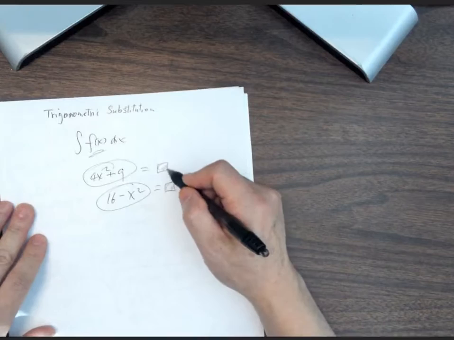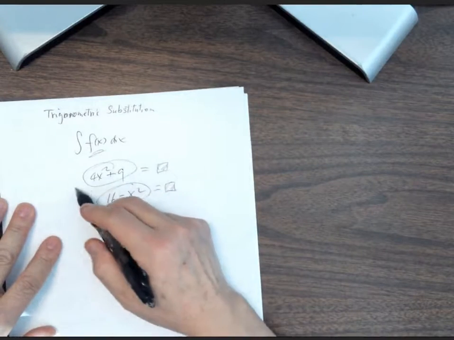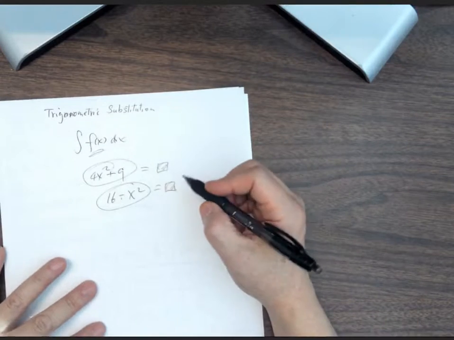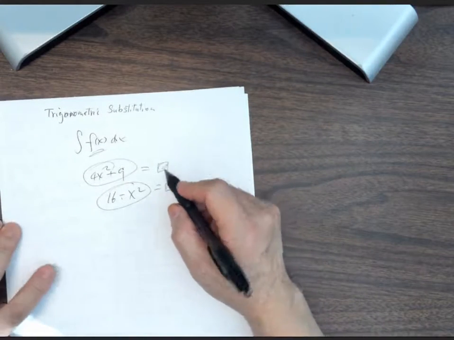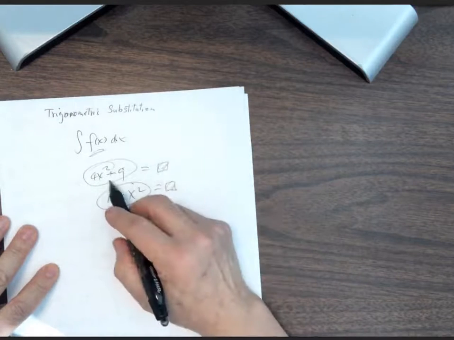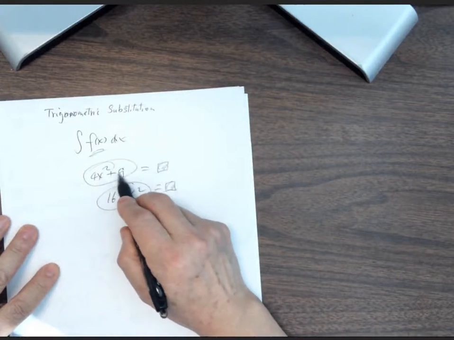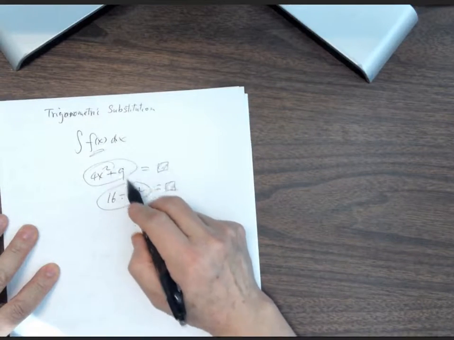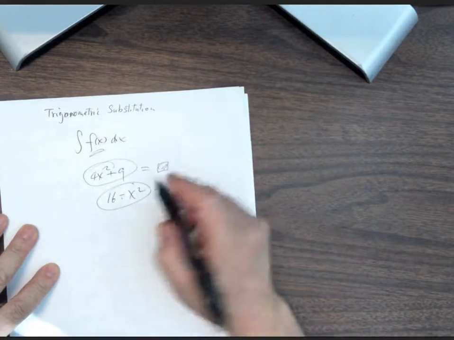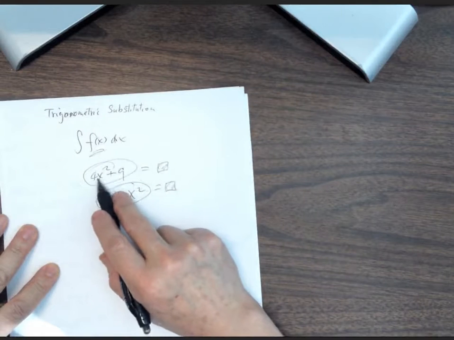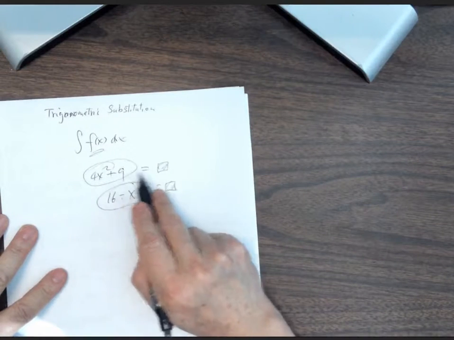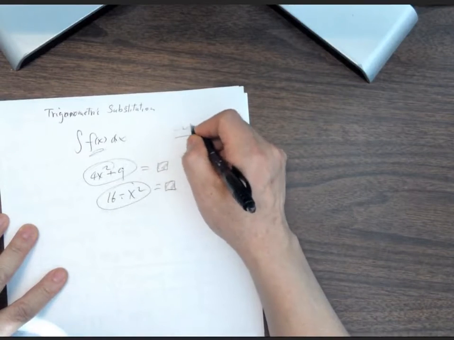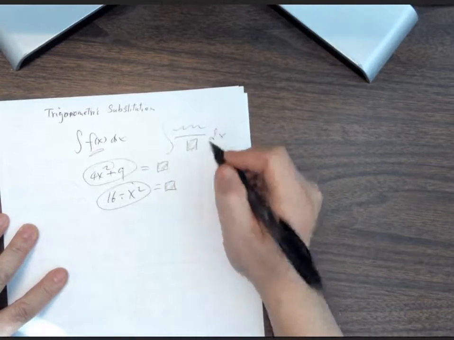Preferably a square, if these are under a square root sign. So not only can we get rid of the square root sign, but also turn two terms into one term. And when those kinds of expressions appear in the denominator, turning two terms into one helps us more easily deal with a fraction.